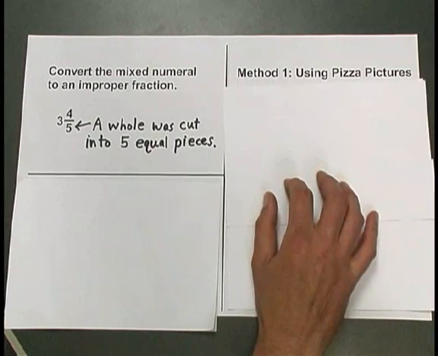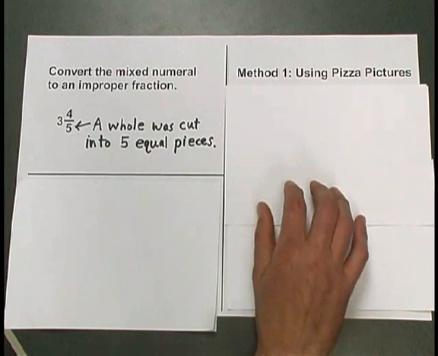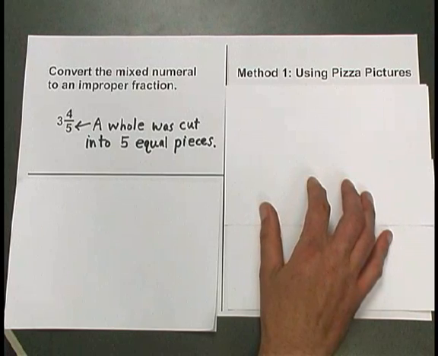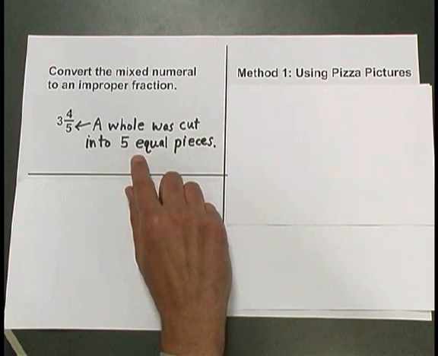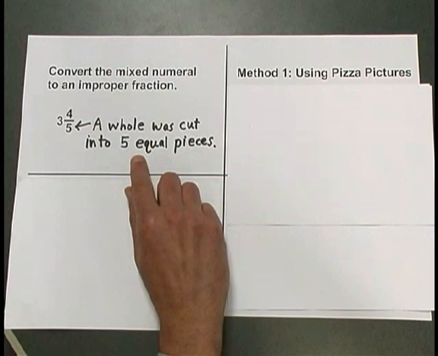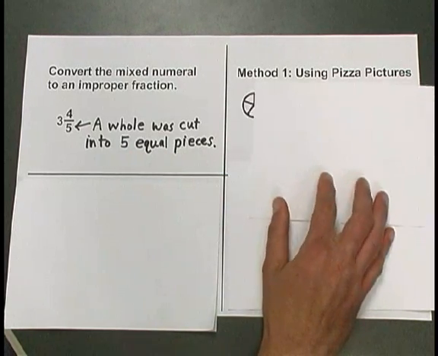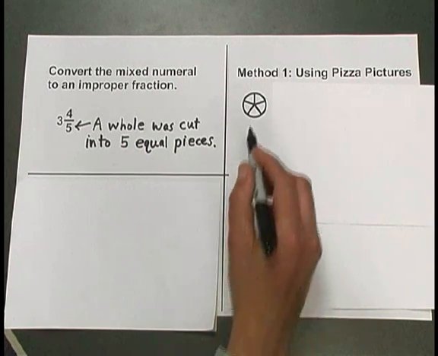The first way involves using pizza pictures. Each pizza will represent one whole. And because my fractional part came from a whole that was cut into 5 equal pieces, I'm going to cut my pizzas into 5 equal pieces.